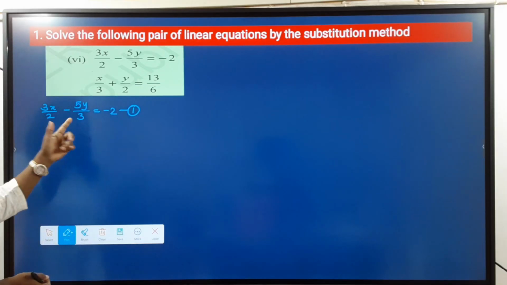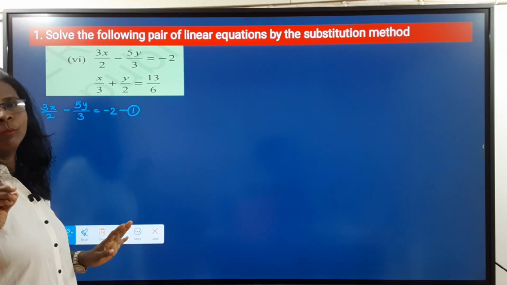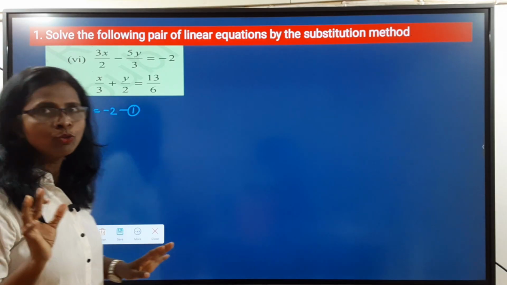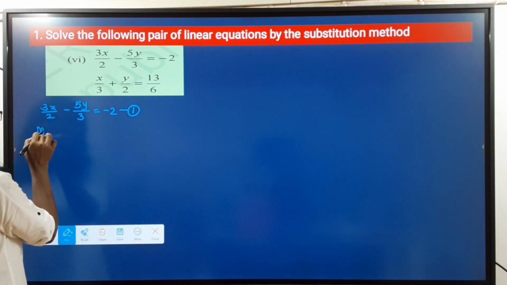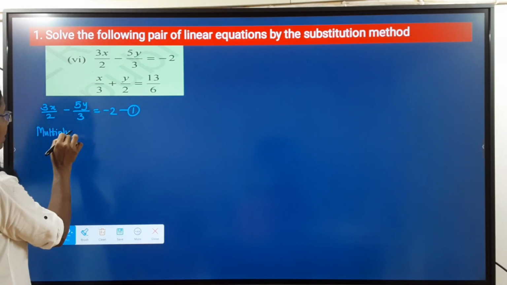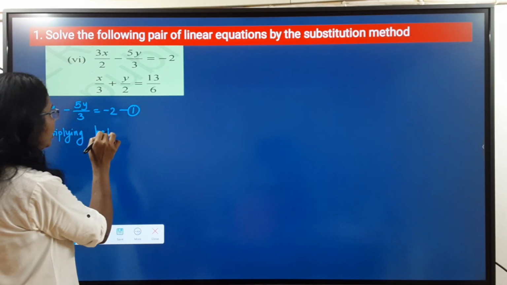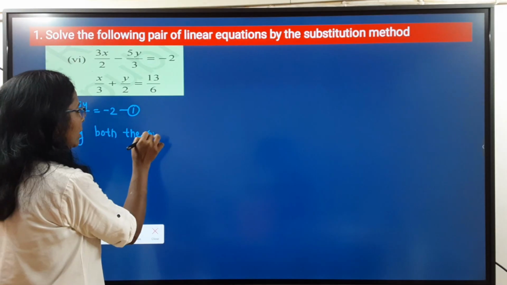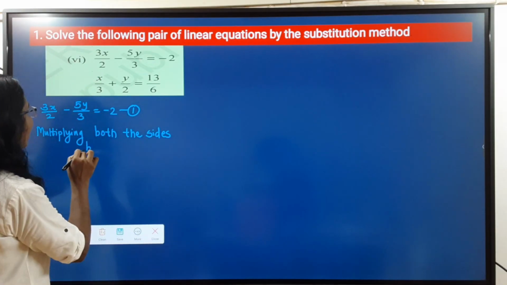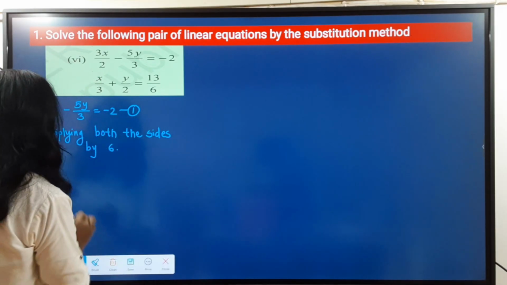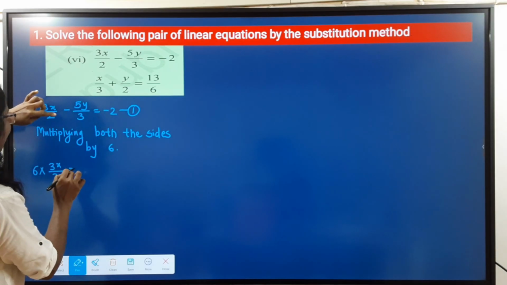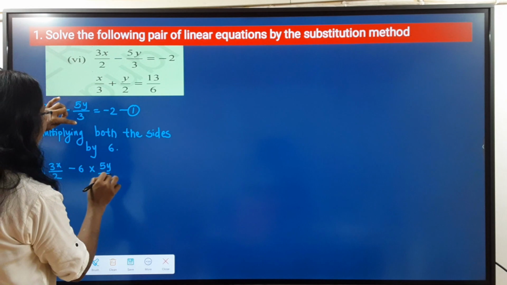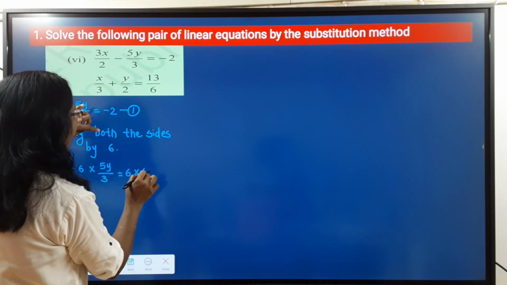Then here is a 2, here is a 3. So the LCM of 2 and 3 is 6. So here, students, multiplying both the sides by 6. Then here, students, I write 6 multiplied by 3x upon 2 minus 6 multiplied by 5y upon 3 is equal to 6 multiplied by minus 2.